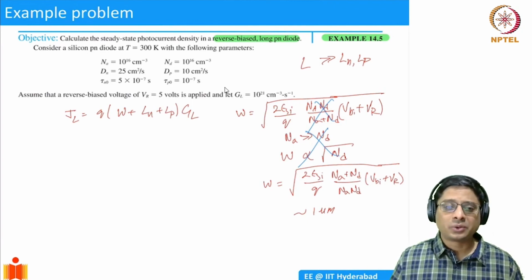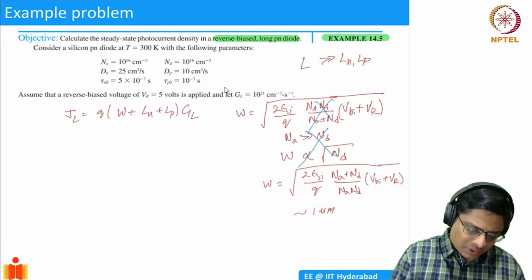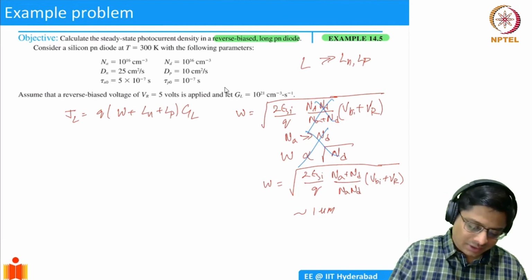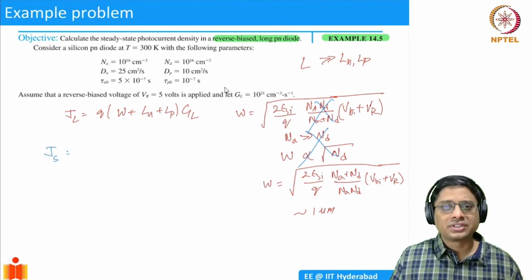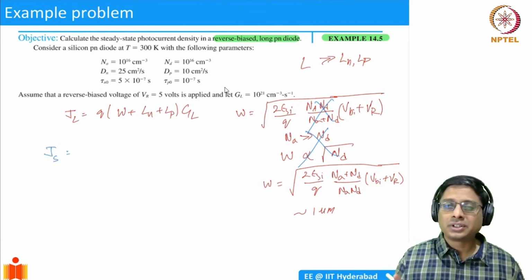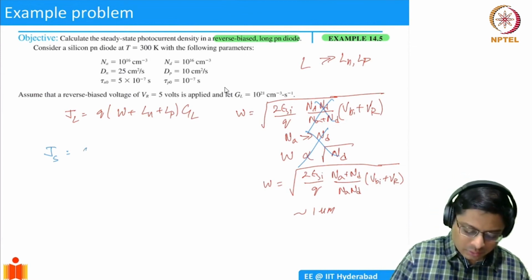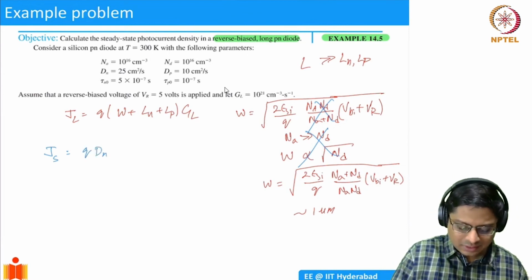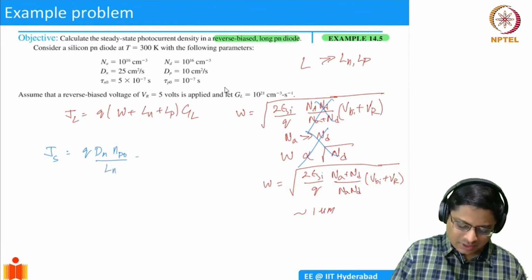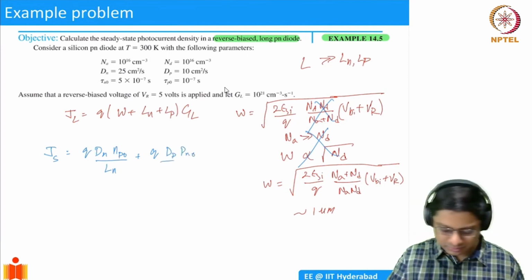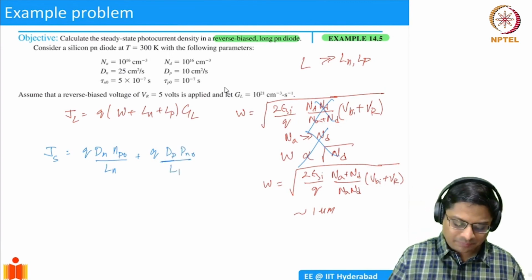One significant point that I want to make is, if you compare this to the reverse saturation current, remember Js, right? This was the reverse saturation current in a diode, and that was proportional to the minority carrier concentration. So Q, I think there was a Dn and Np naught divided by, I think it was Ln, plus Dp Pn naught divided by Lp.